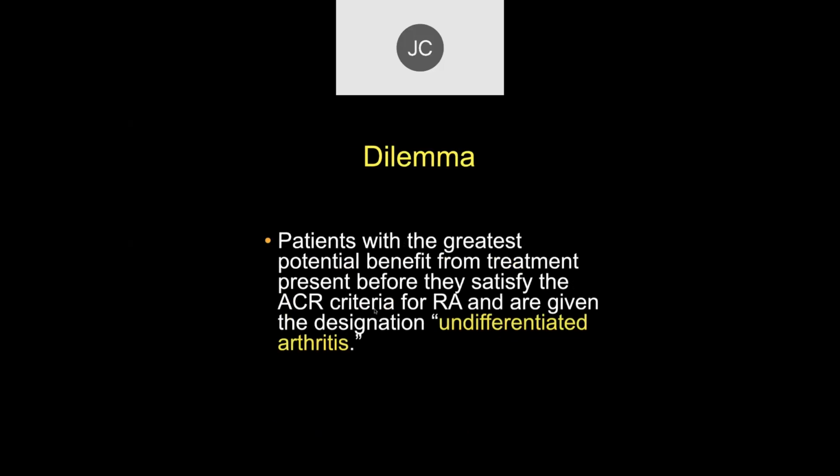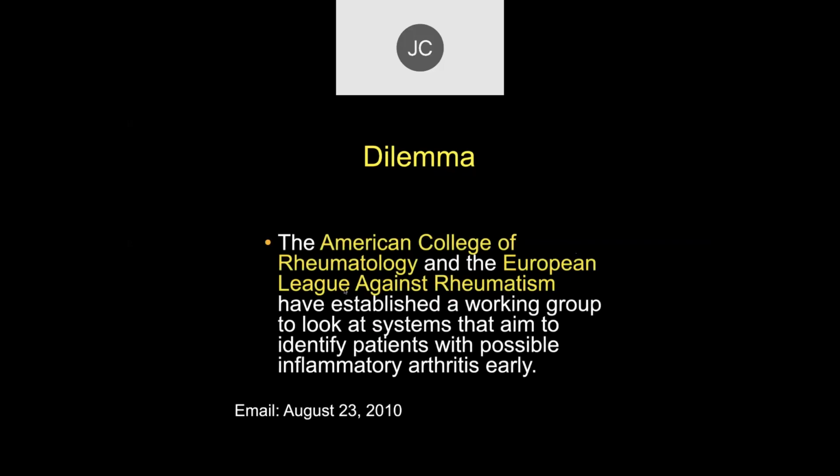And the problem back around 2000 was that the old criteria for diagnosing rheumatoid arthritis from the American College of Rheumatology were based upon X-ray and other diagnostic studies, which all depended on irreversible bone destruction, which is too late if you really want to help the patient and give them better outcomes.